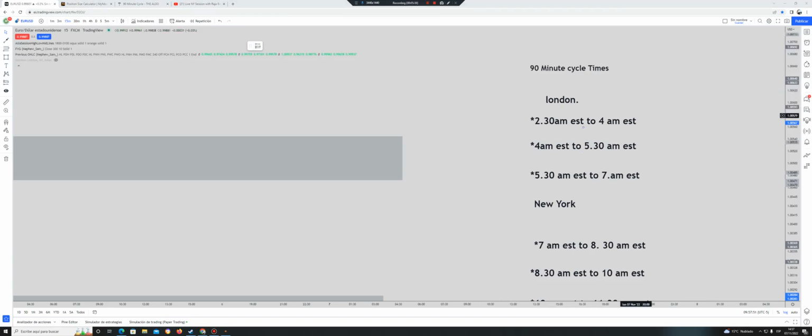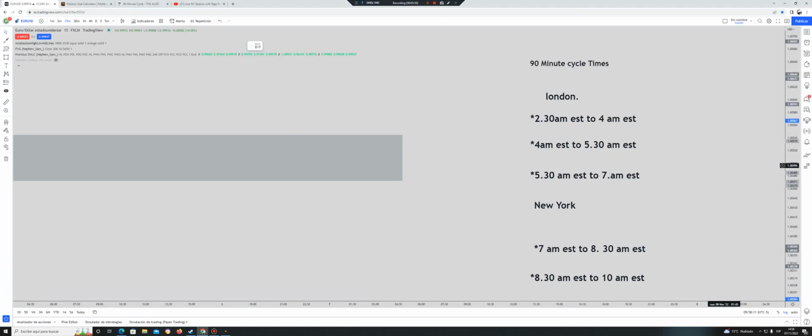So imagine it's as simple as between 2:30 to 4, they move the price taking Asia high to a fair value gap, to an order block, to anything, and then with that information we start trading from 4 AM to 5:30 AM, which is the second liquidity cycle.